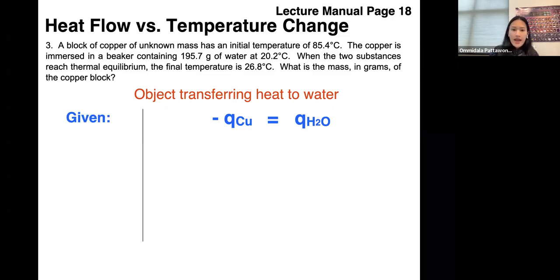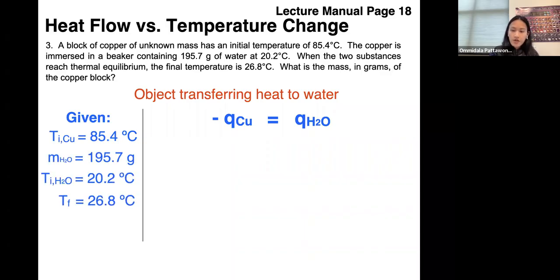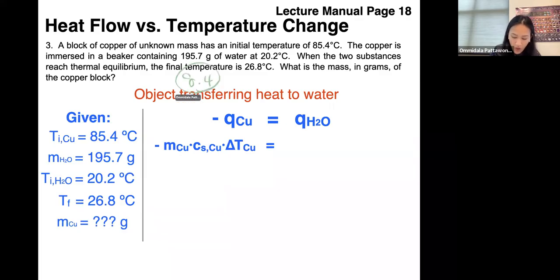All right, next. As I mentioned before, these are the given information. What we want to know is the mass, which is what we don't know. So I'm going to tie this Q in, as I mentioned before, from chapter 8.4, we know that Q equals mC delta T. Therefore, I'm going to replace all these Q's with mC delta T. This side belongs to copper, so all of these terms belong to copper.